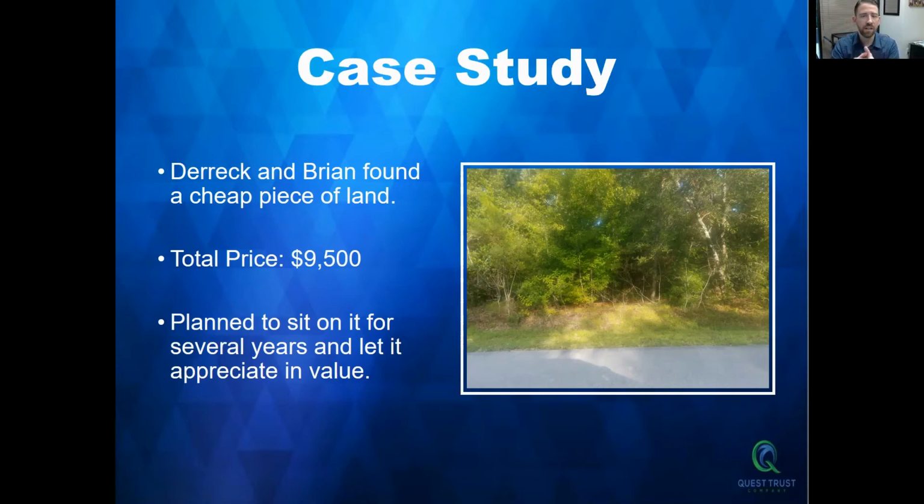Next, we went ahead, we made an offer on this piece of land. We got it, which was nice. And our plan was to sit on this for several years, knowing that in the future, someone's going to want this piece of land that we purchased for $9,500. That's pretty cheap, especially the way we divided it up.